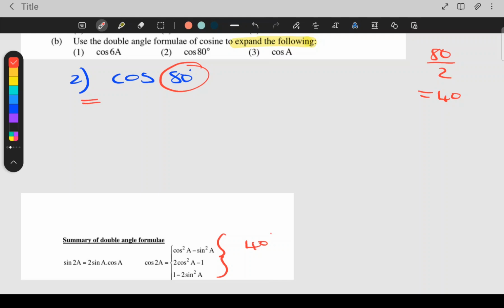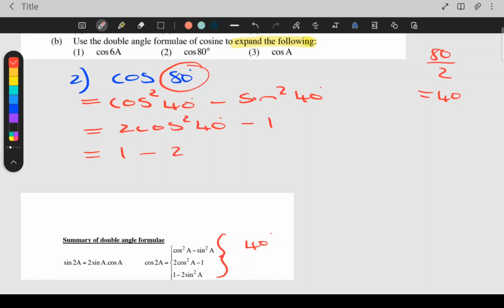You can either use the first one, which is cos squared 40 minus sine squared 40. Or you can say 2 cos squared 40 minus 1. Or you can say 1 minus 2 sine squared 40. Where do the 40s come from? It comes from this, or you can say it comes from half of this.